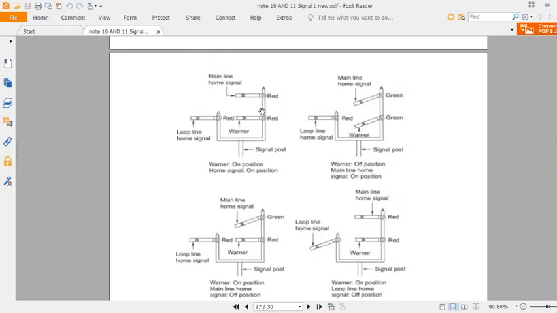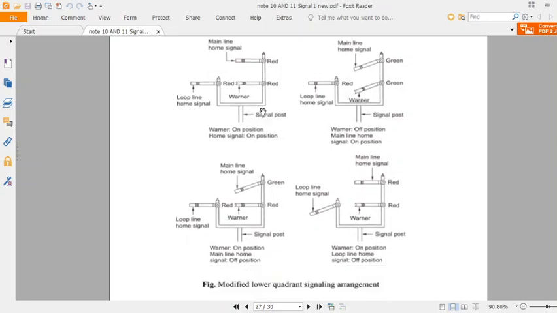Now route indicators can also be provided by including a separate home signal for each line, with the main line home signal being placed the highest while all the other signals are placed at the same level.